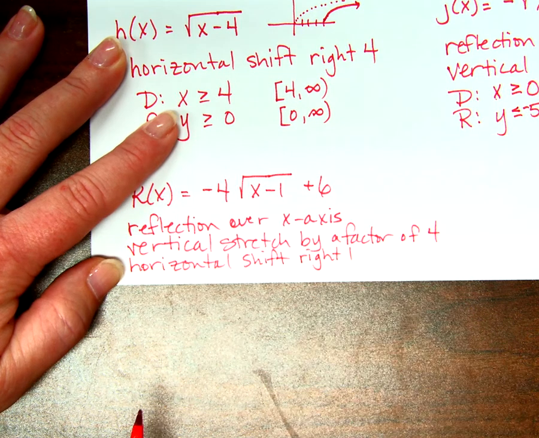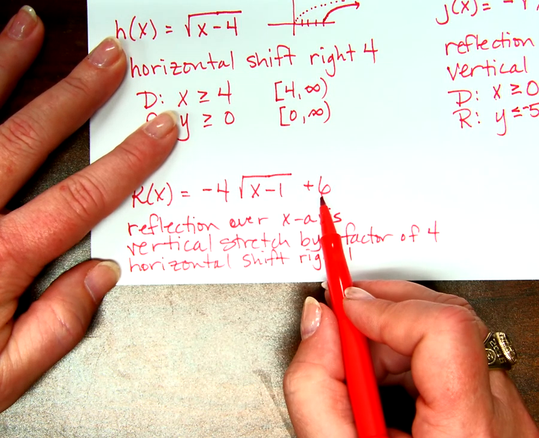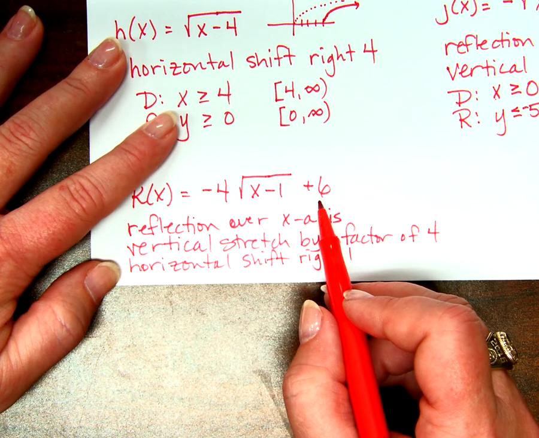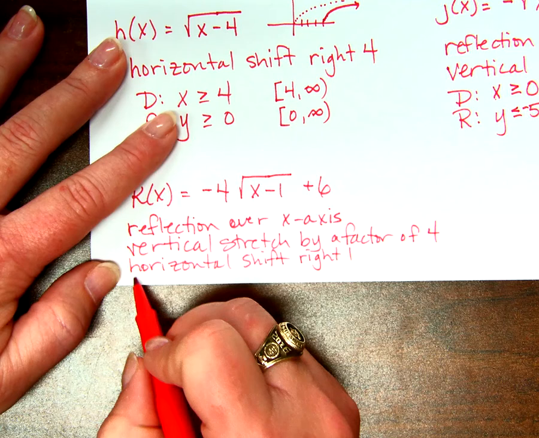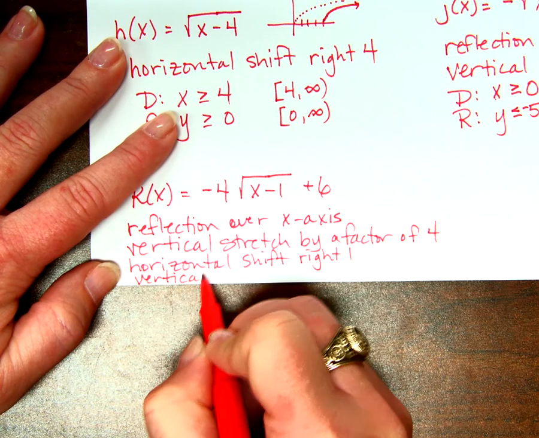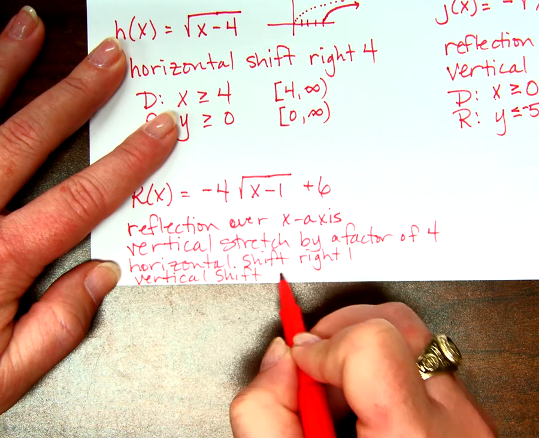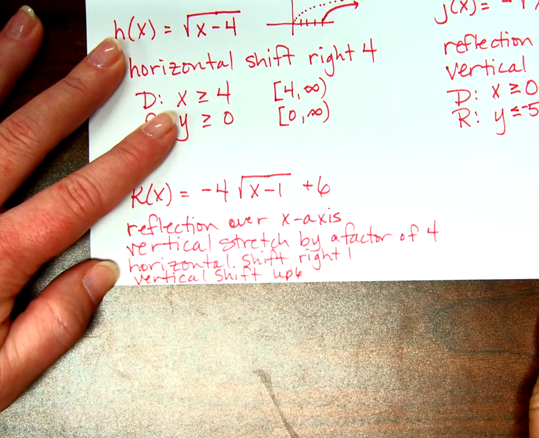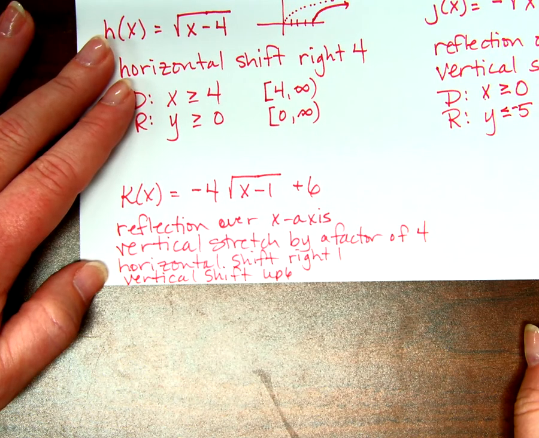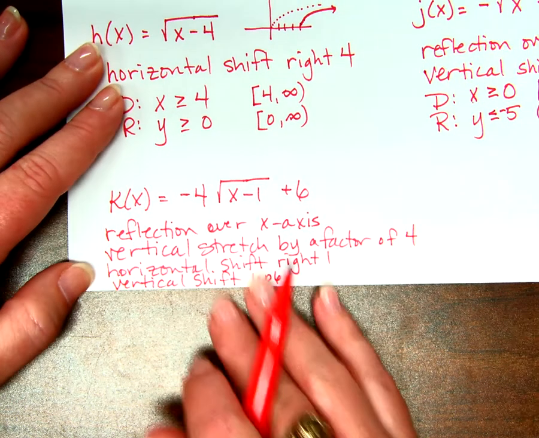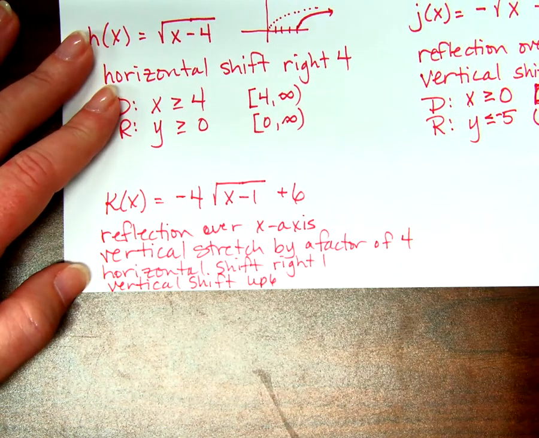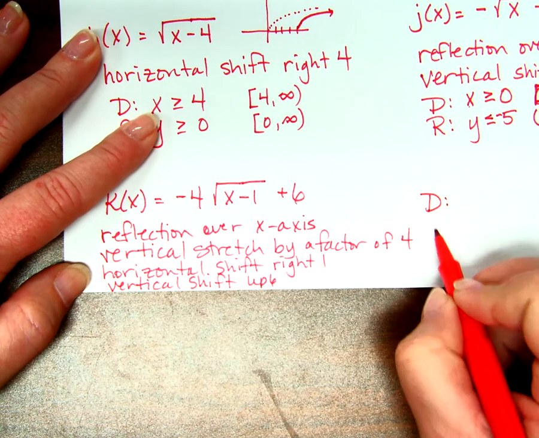Right 1. And vertical shift up 6. Now, is that hard? No, just 4 things instead of 1 or 2 like before, right? What's the domain? And what's the range?